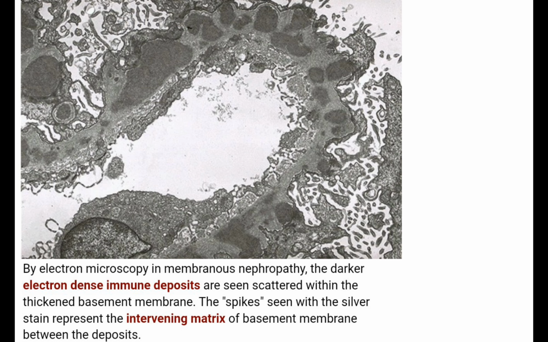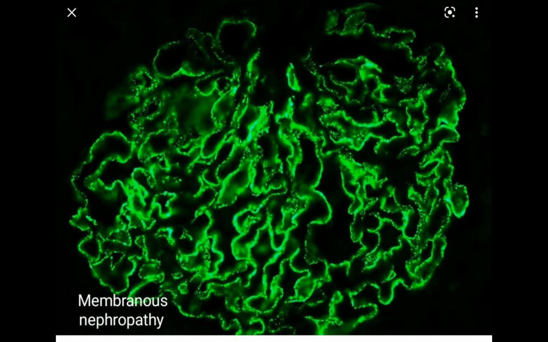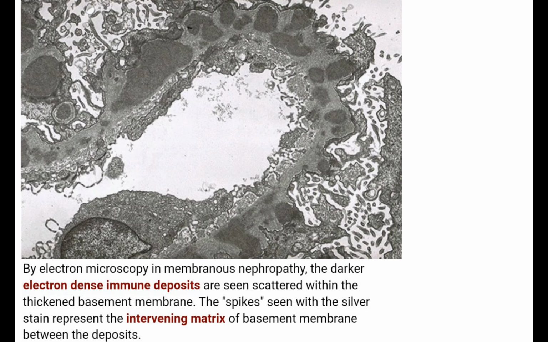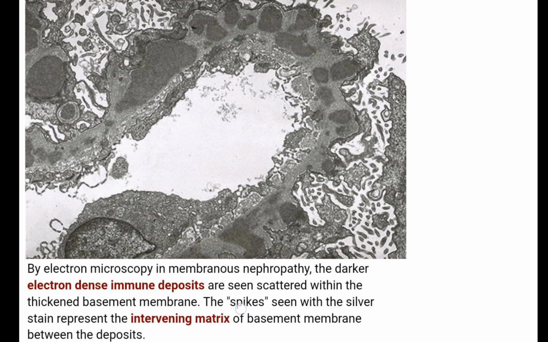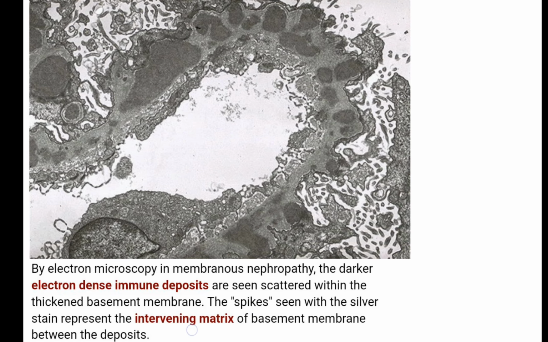So basically in membranous nephropathy we were seeing the fluorescence along the membrane, and in the electron microscopy we will be seeing the deposits in the basement membrane zone. These are the deposits which are present in the basement membrane zone. And the classical appearance is spike and dome, and spikes are due to intervening matrix.